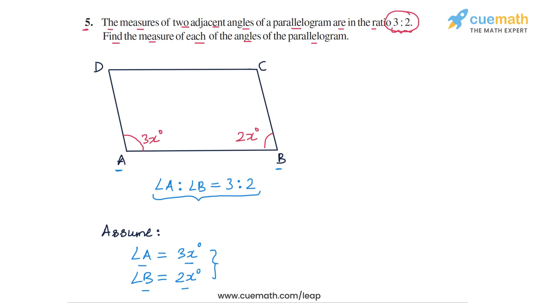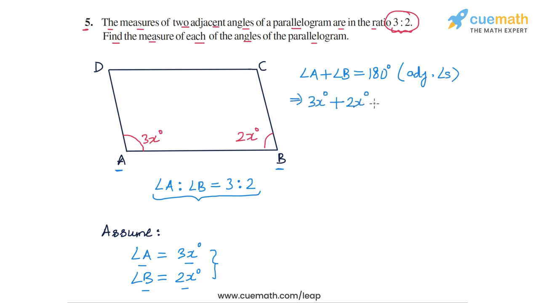Now let's make use of the fact that because angle A and angle B are adjacent angles, their sum must be equal to 180 degrees. So angle A plus angle B must be equal to 180 degrees because they are adjacent angles in the parallelogram ABCD. So angle A is 3x degrees and angle B is 2x degrees.